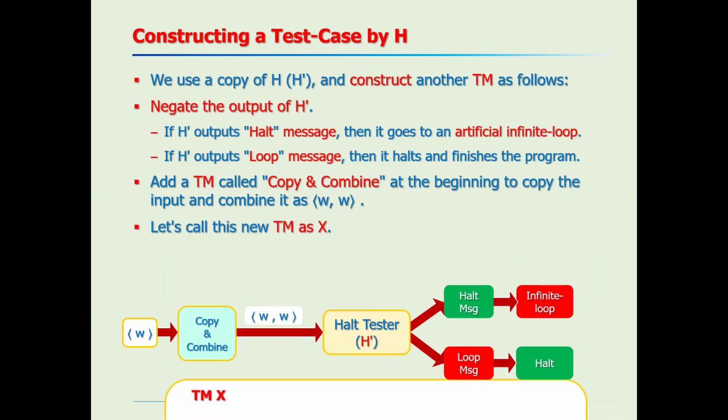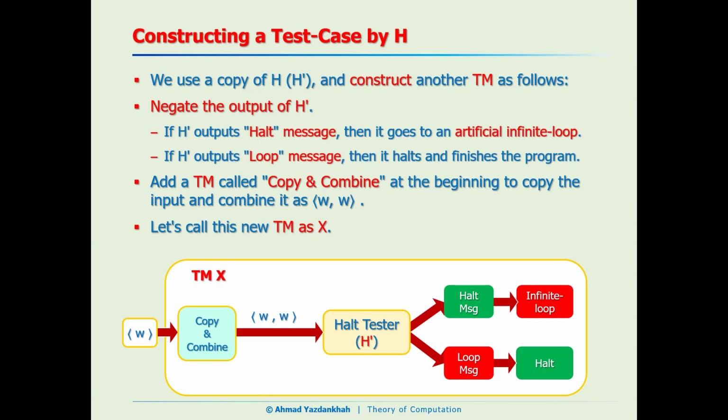And we put all of them inside a box. This is a combination of all these machines, with some modifications and some added Turing machines. If we put this inside the box, the result will be a new Turing machine. Let's call it X. Okay, so this is our test case.